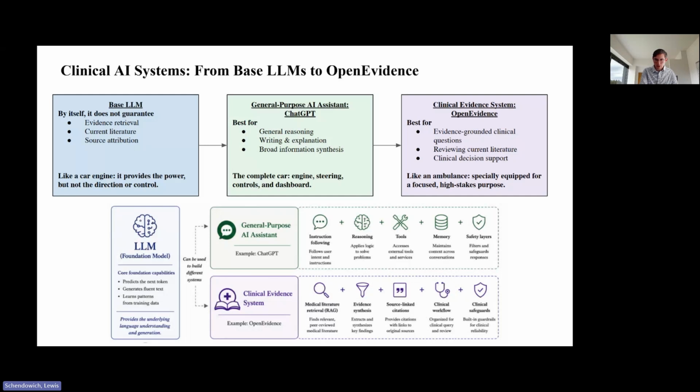It combines a language model with medical evidence retrieval, citation, and a clinical interface. You can think of this as a specialized vehicle, like an ambulance, specifically equipped for a focused, high-stakes purpose. The key point is that we should not evaluate these systems based on the underlying LLM. Their capability and their trustworthiness depend on everything that is built around the model itself.